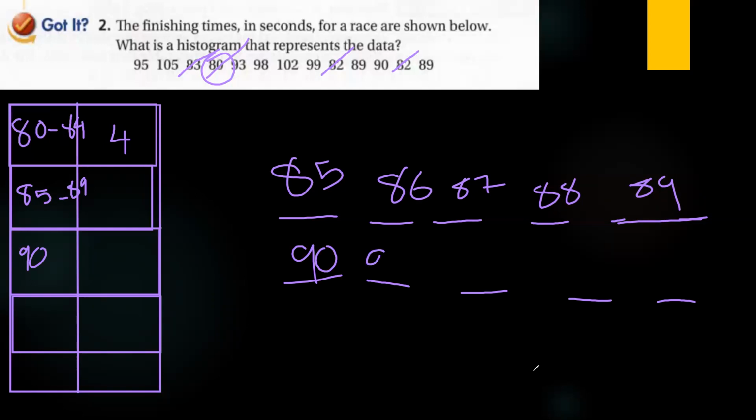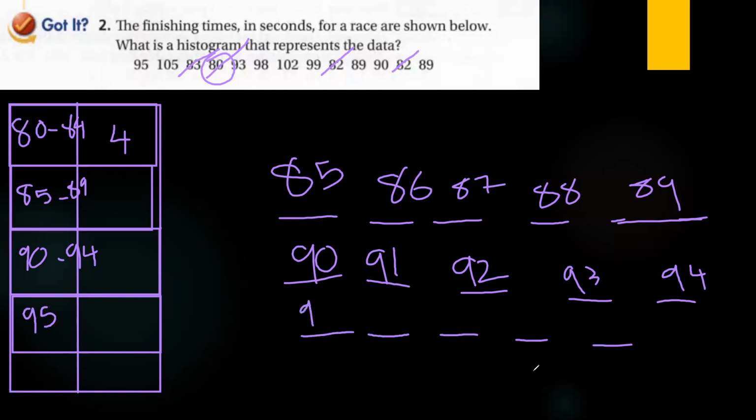So 90, 91, 92, 93, and 94. Then 5 blanks starting now from 95. So 95, 96, 97, 98, and 99.